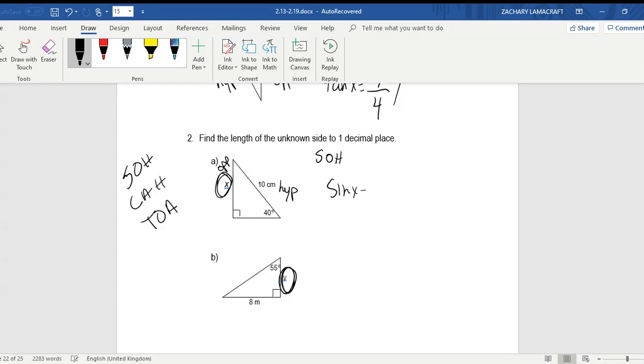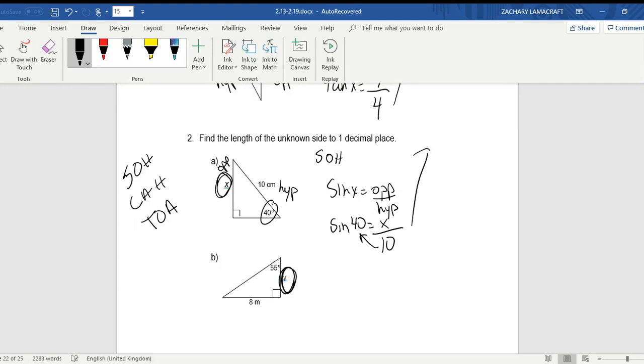So sine x is equal to the opposite over hypotenuse. Thank you for that. And then it would be sine 40 is equal to x over 10. We know that we want x by itself, so we got to find out what sine 40 is equal to.